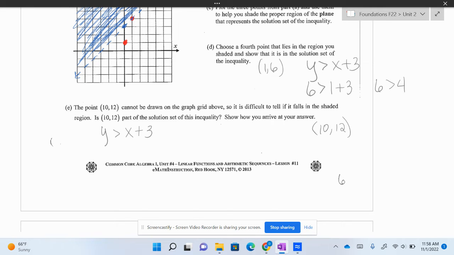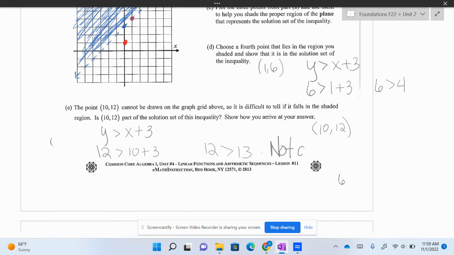So what value am I substituting in for y? Naya. Looking at the ordered pair, what's the y value? Awesome. 12 is greater than, what value am I substituting in for x, Antoine? 12 is greater than 10 plus 3. That means 12 is greater than 13. Is that true? So is 10, 12 in the shaded region?